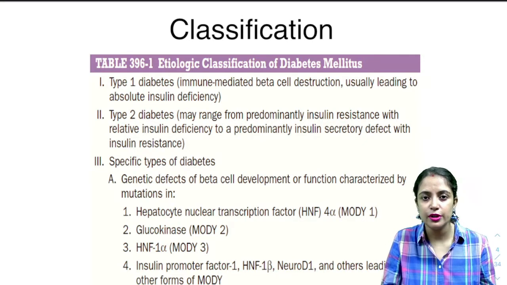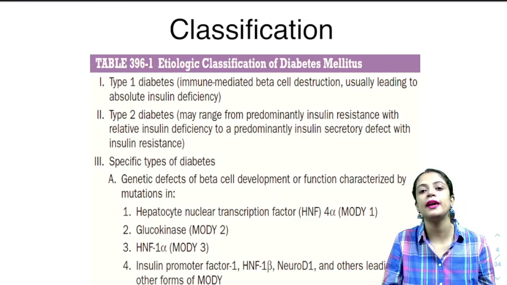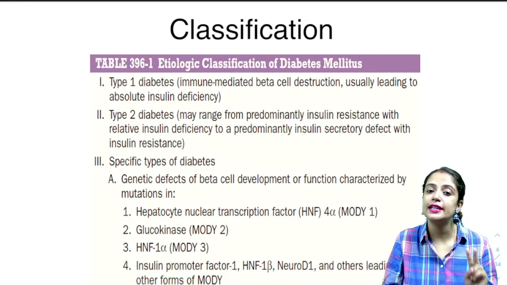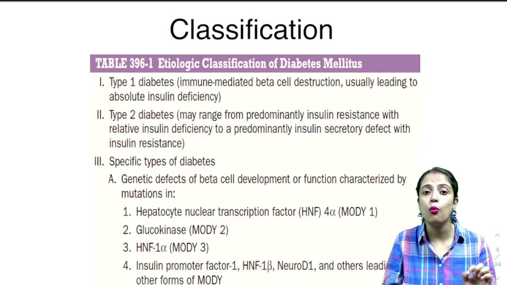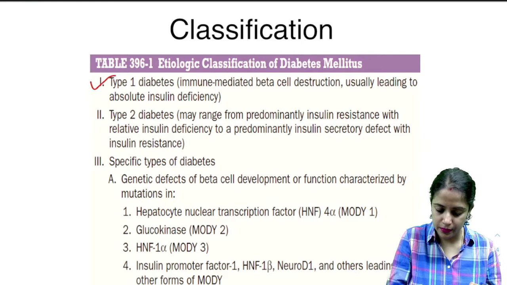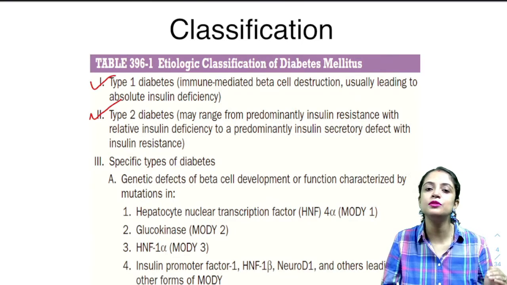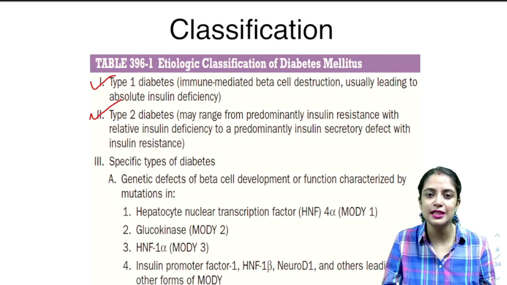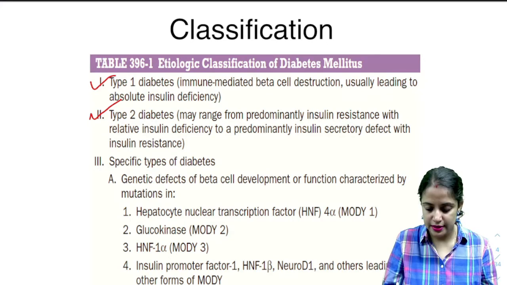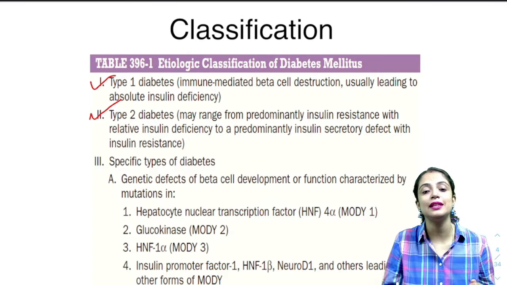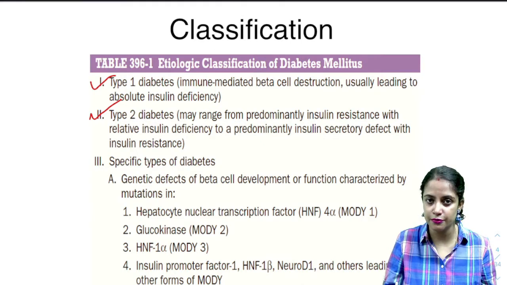If I talk about the classification, there are two main types of diabetes: type 1 diabetes mellitus and type 2 diabetes mellitus. Type 1 diabetes mellitus is basically immune mediated. There is immune mediated destruction of the beta cells of the pancreas, which ultimately leads to absolute insulin deficiency.